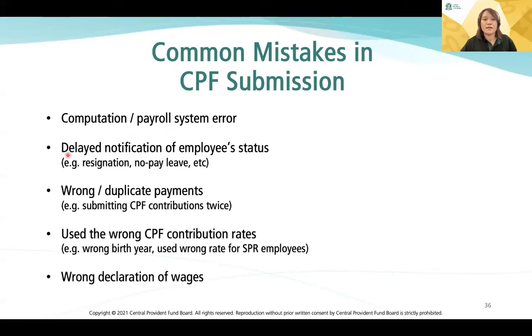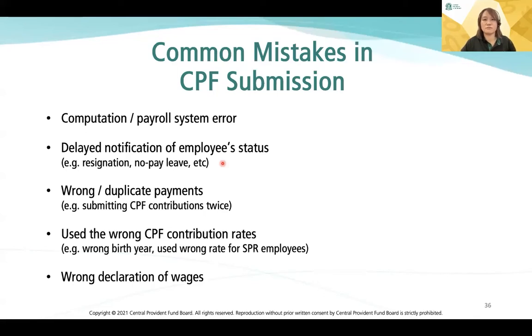Another common mistake is delayed notification of employee status. Sometimes a staff member left, resigned, or went on no-pay leave, and as an HR officer, for some reason you are not notified or updated. So maybe you already submitted the CPF contribution, and after that you were told that the staff resigned and left.